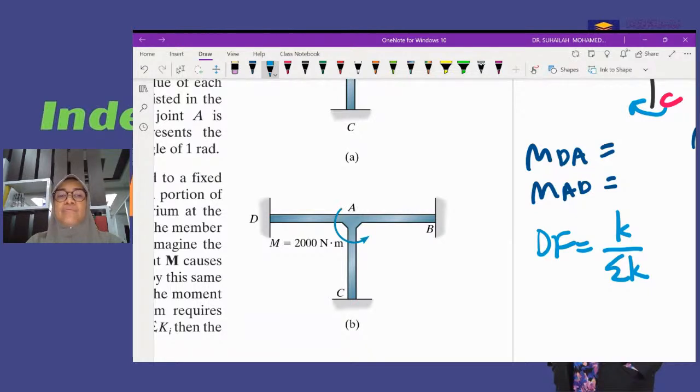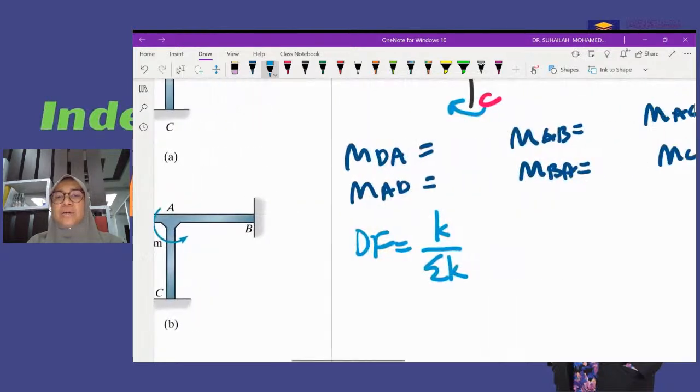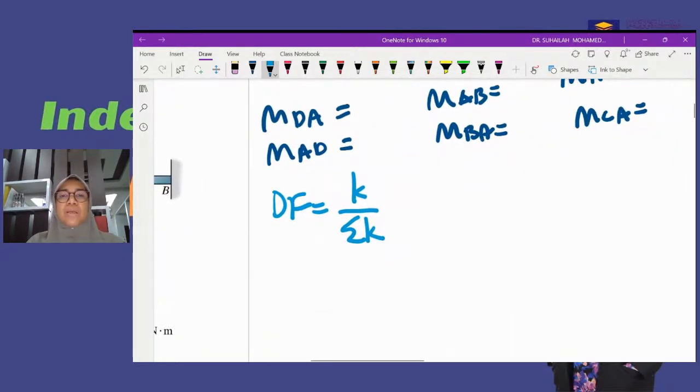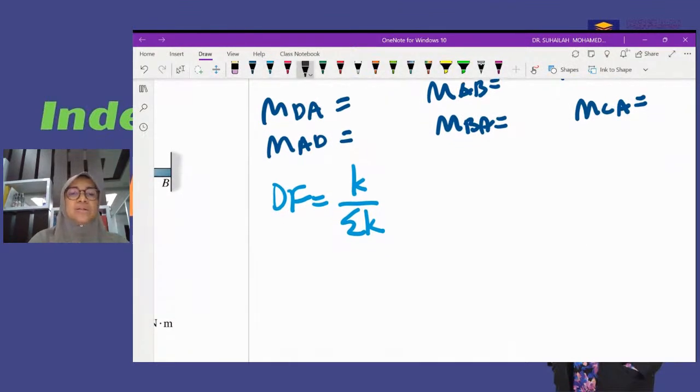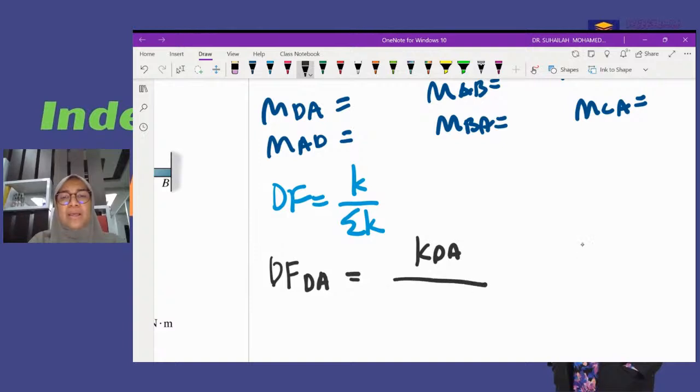If we want to calculate the distribution factor for DA, where D is fixed, it is equal to KDA divided by KDA plus infinity.